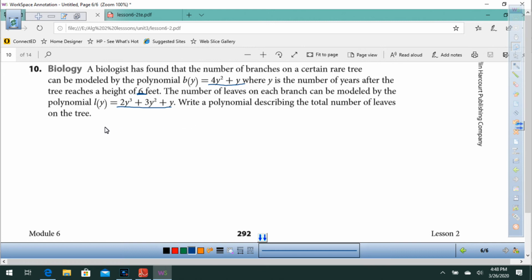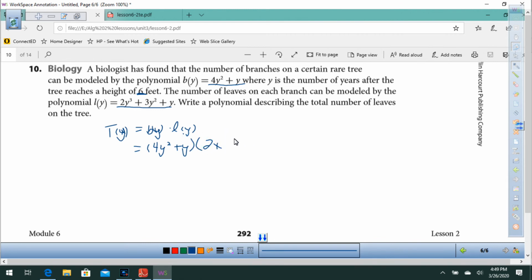Well, let's see. The total leaves on the tree would be the branch y times the leaves of y. So that's going to be 4y squared plus y times 2y cubed plus 3y squared plus y.